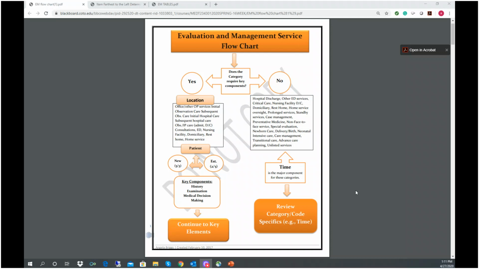So what I did here was list which service locations are time-based versus the service locations that require key components.